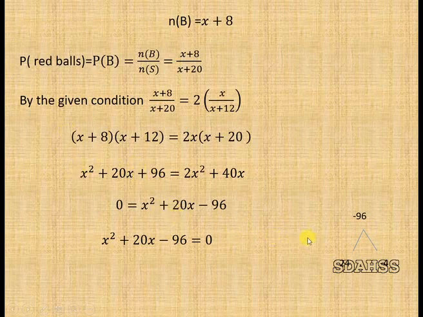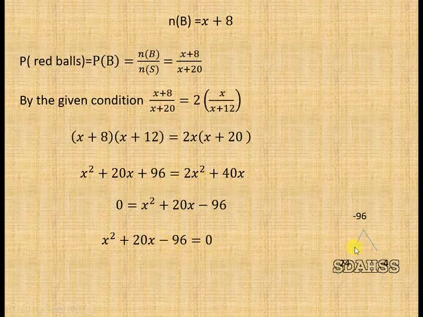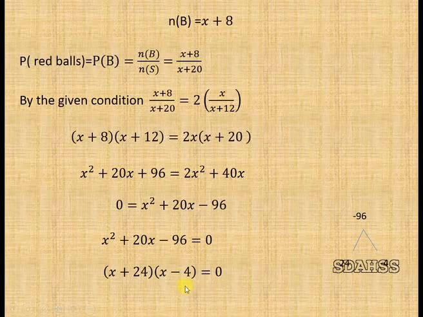Minus 96 can be written as 24 and minus 4. If you add you will get 20, if you multiply you will get minus 96. So this can be written as x plus 24 into x minus 4, which gives x is equal to minus 24 or x is equal to 4.